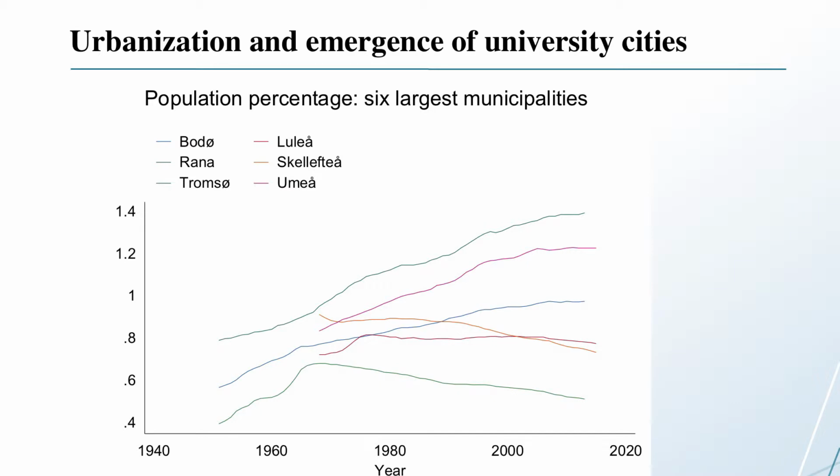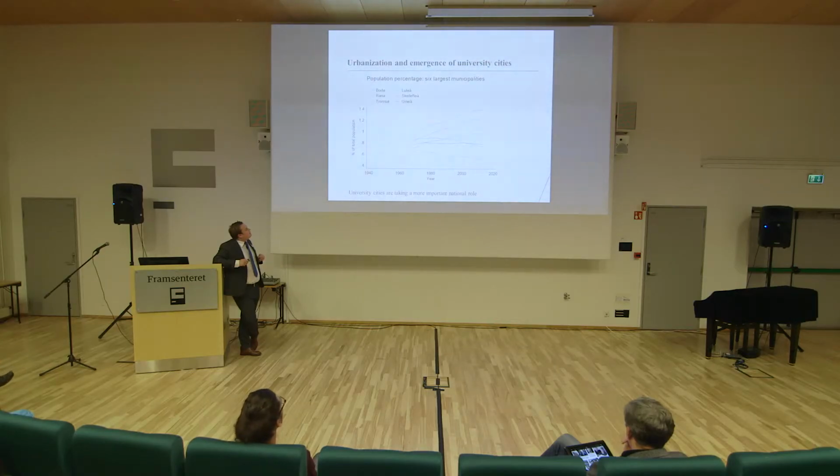You see Umeå, and this is Tromsø, where around 1.2% of the total population are now living. You see a similar pattern with Umeå and Bodø, whereas the industrial cities Skellefteå and Rana are decreasing.